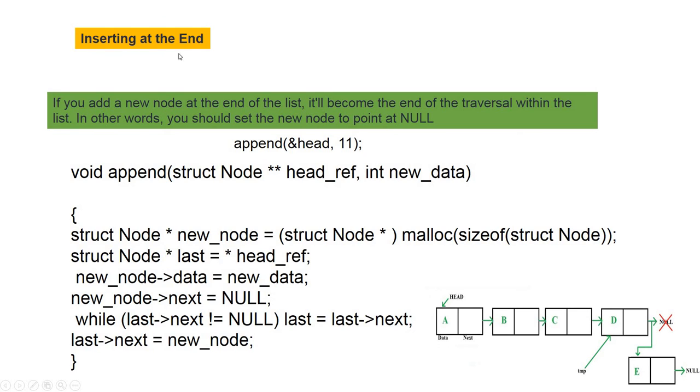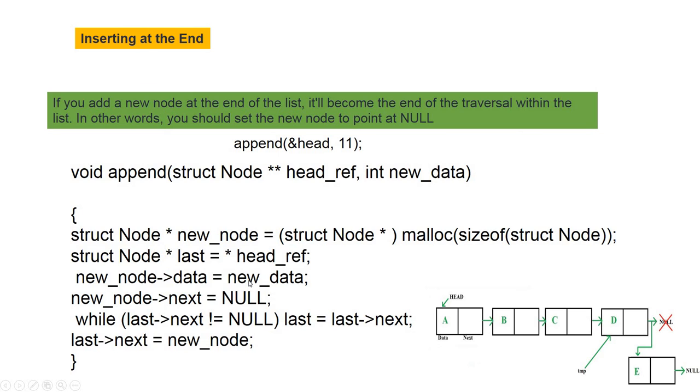If you want to insert at the end, and go on adding at the end, you can create a function called append, where head is passed and new data is coming. You have created a new node again.